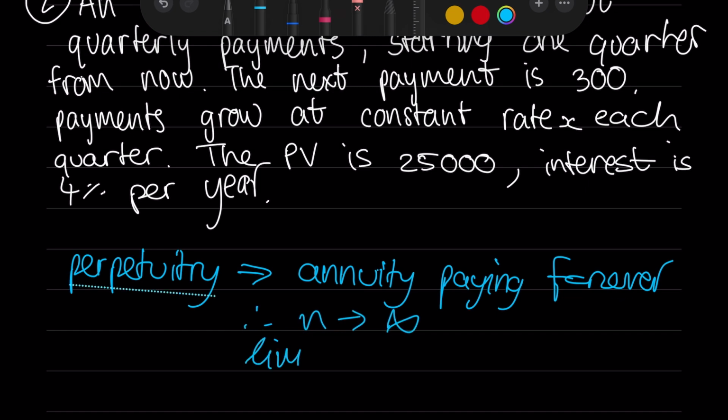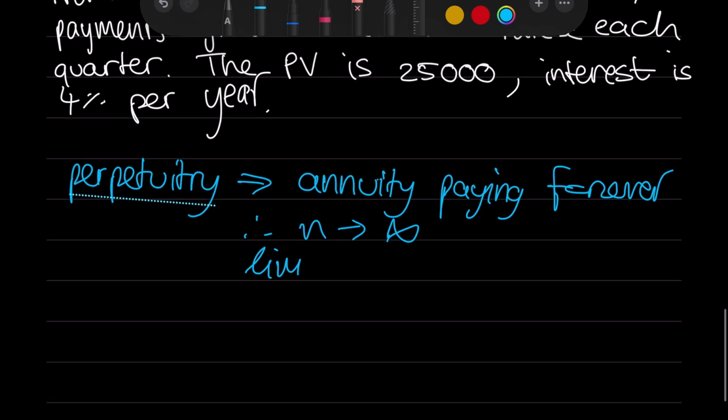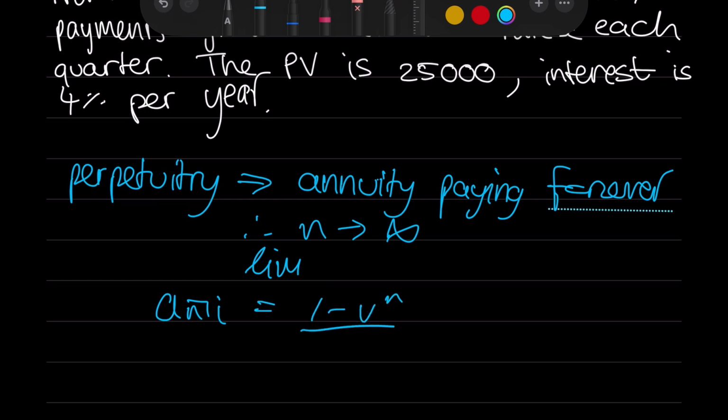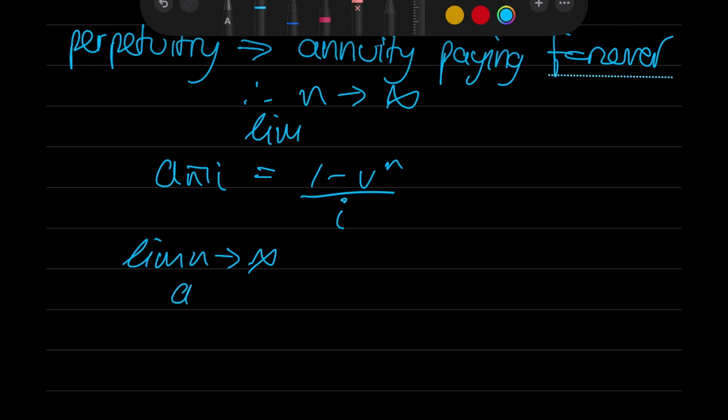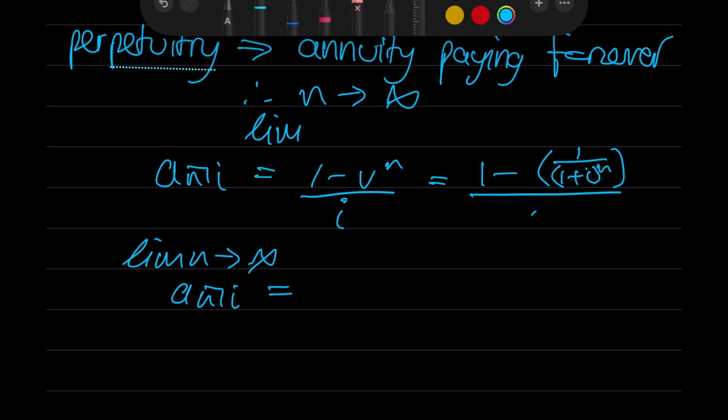So if we take our annuity formulas, I'm going to take this one. Remember that one, that's the annuity formula, 1 minus v to the n over i. That was the annuity formula for payments in arrears. If we take the limit as n tends to infinity, this is equal to 1 minus 1 over (1 plus i) to the n.